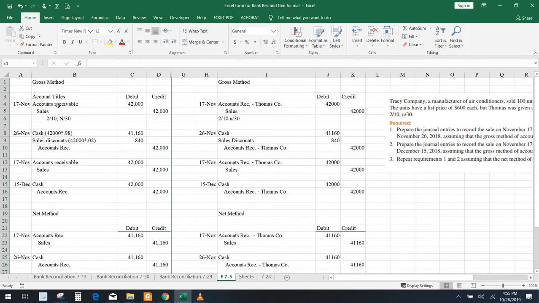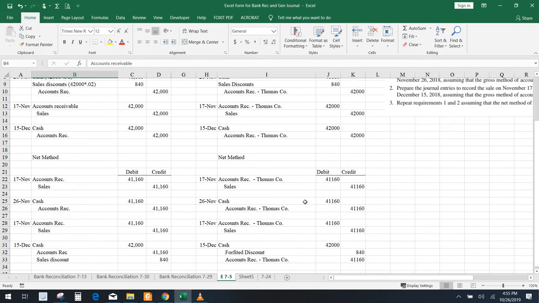All right, so we have accounts receivable, sales 42,000, 2/10 net 30, cash 41,160, sales discount, accounts receivable 42,000, accounts receivable 42,000, sales 42,000, and then cash, accounts receivable 42,000.